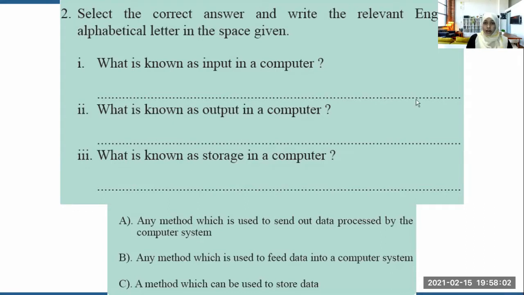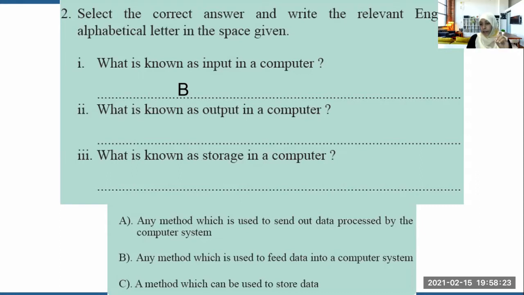They are asking what is known as input in a computer. So it is B. Any method which is used to feed data into the computer system is called input.